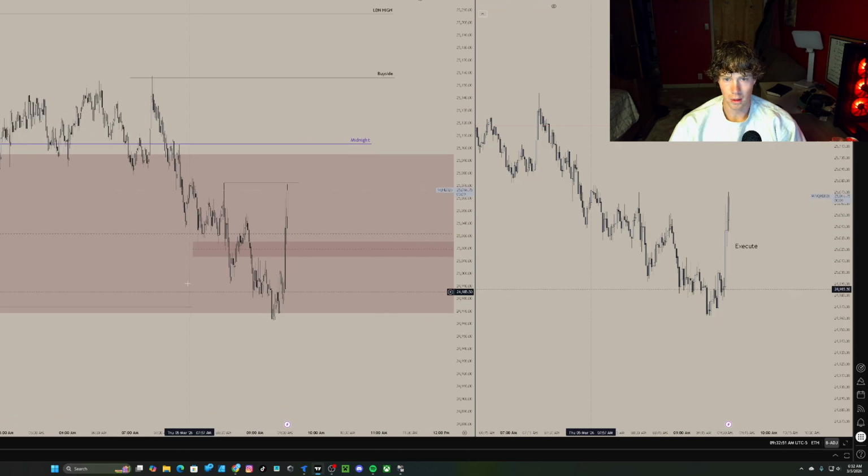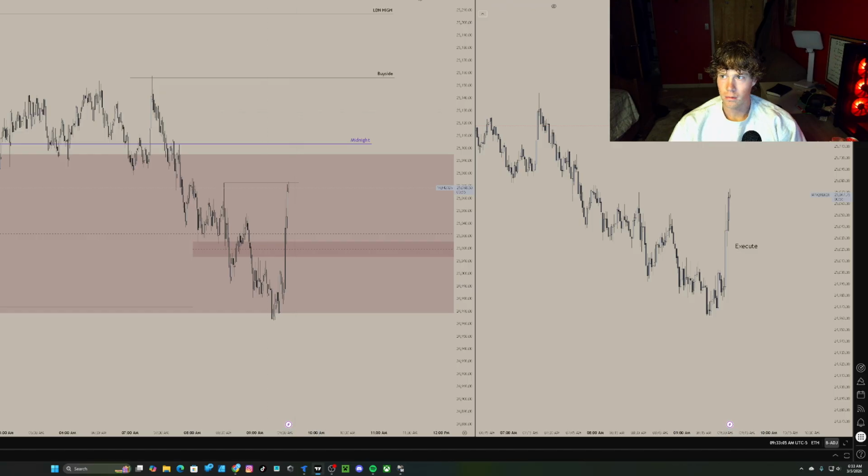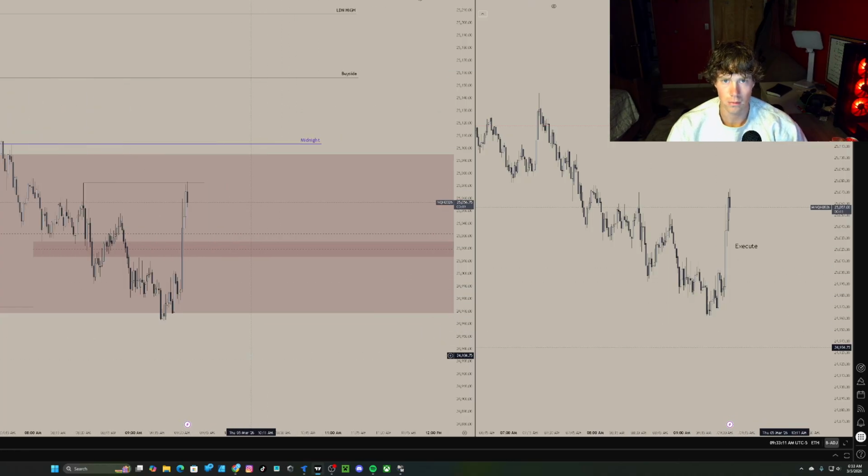But once we get this Newswick, I'd be confident that we could go lower, because we're also above equilibrium now of the range. All right, Newswick's taken, not on ES, so now we have an internal SMT.